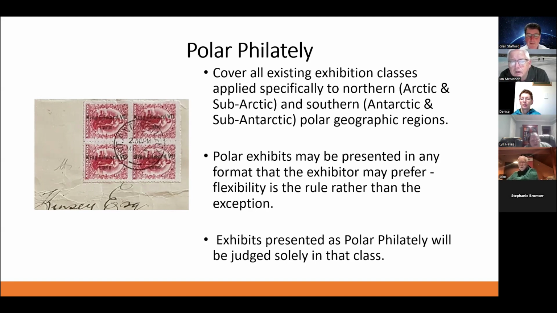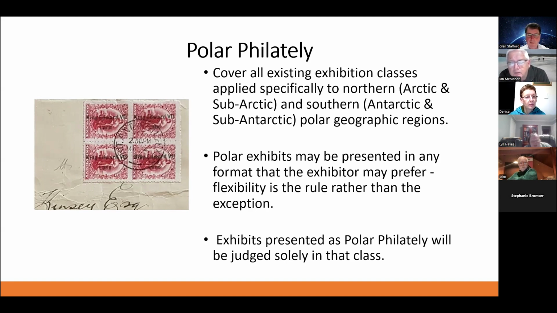The material that can be put into the polar class can come from any of the other classes. So you could, if you wish, do a traditional exhibit based on stamps such as the ones on the left from King Edward VII Land, which were part of a British Antarctic Expedition.